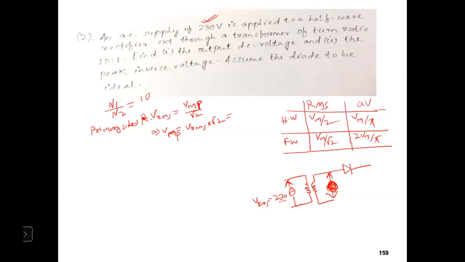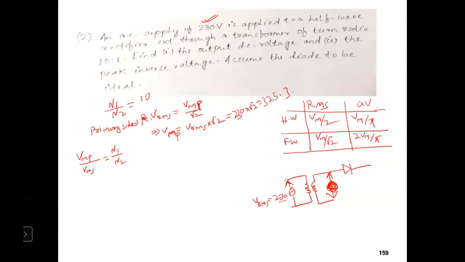So put this value 230 into root 2, which will give you 325.3. Now the turn ratio is 10:1. So accordingly you can find out how much is the secondary voltage. You know that Vm primary by Vm secondary equals N1 by N2.